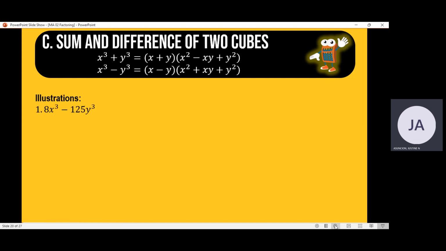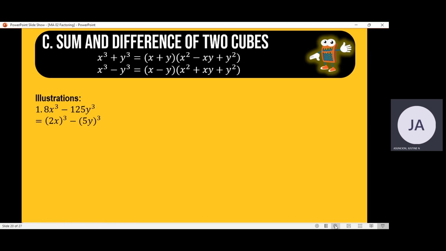For instance, we have 8x cubed minus 125y cubed. We can express it as the difference of two cubes. All we need to do again is to identify the first term and the second term, so get the cube root of the first term and the second term.